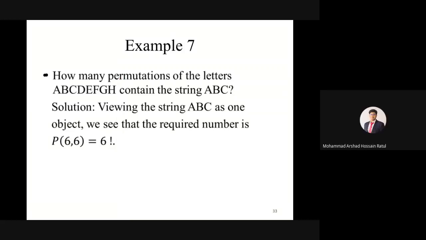Miss, 6,3. P63 or 6P3, right? Yes. Very good. Exactly. So counting 3-permutations means you have to count all possible permutations with 3 letters among these letters where every permutation must contain the string ABC.